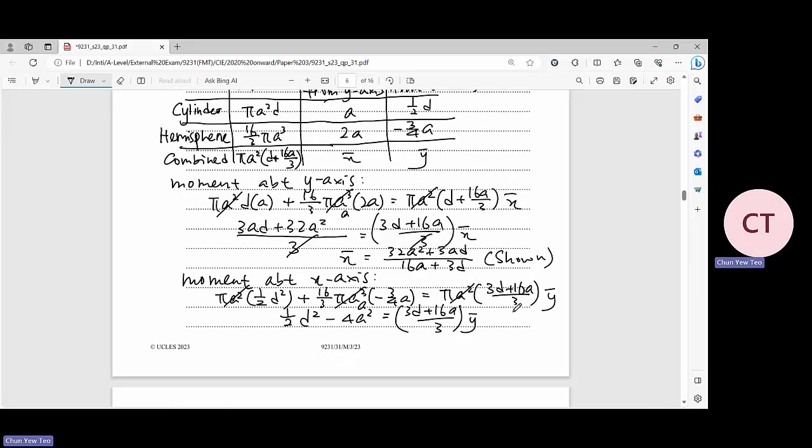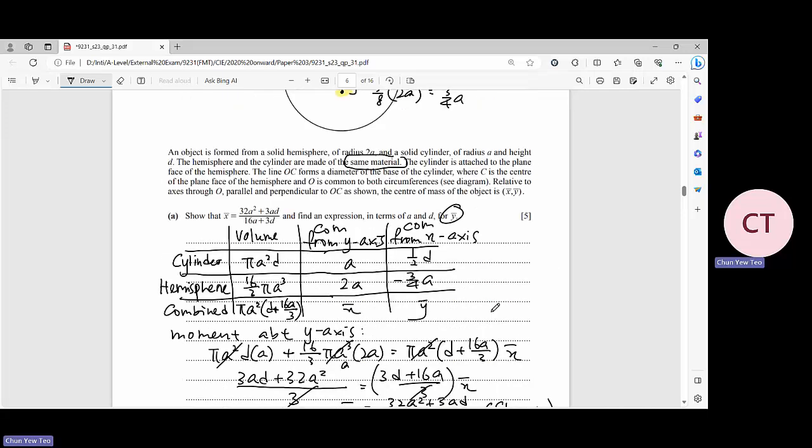Okay, so just combine together and simplify it. So at the end, you will get this one as the 3d squared minus the 24a squared divided by 2 of 3d plus the 16a. That will be the answer for the bar y. Okay, so that will be the answer for part A as well. So we have done part A.